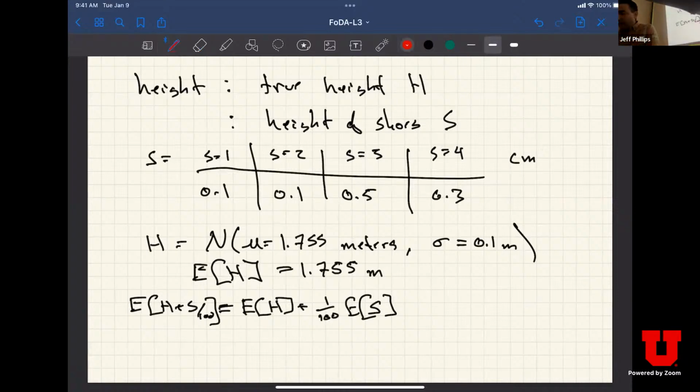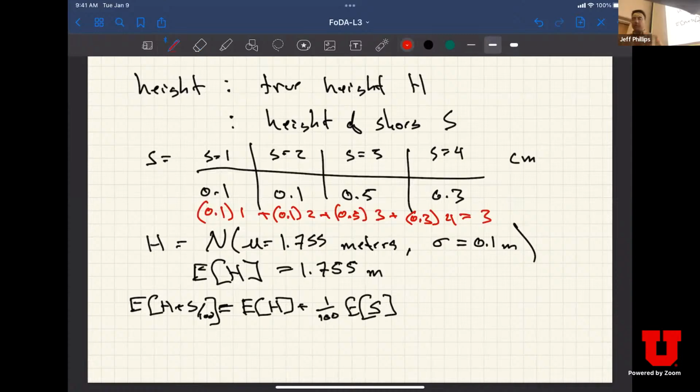Now I need to do 0.1 times 1 plus 0.1 times 2 plus 0.5 times 3 plus 0.3 times 4. The outcome of this is going to be 3, as it turns out. So the expected height of the shoe is going to be 3 centimeters.